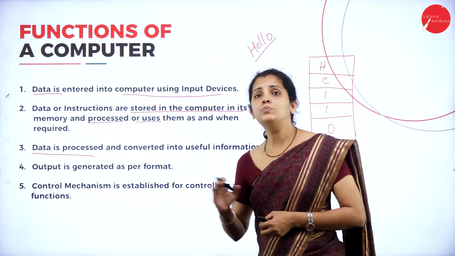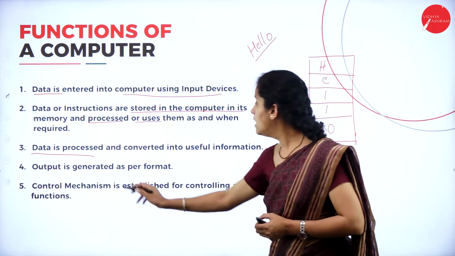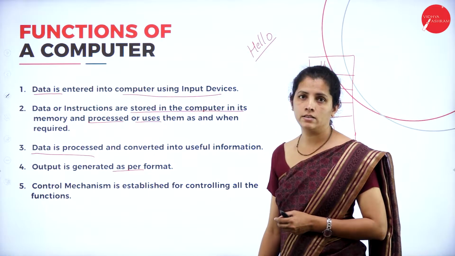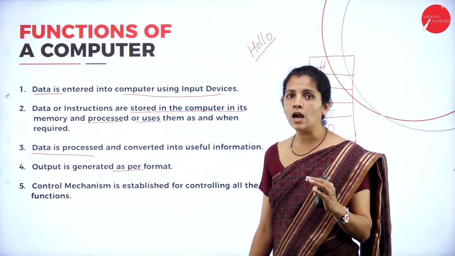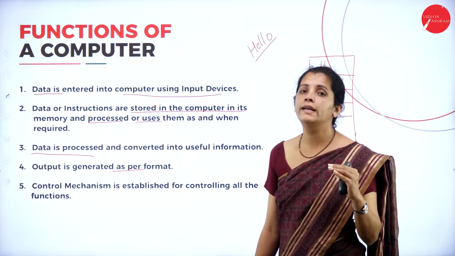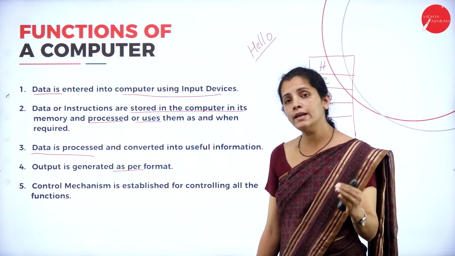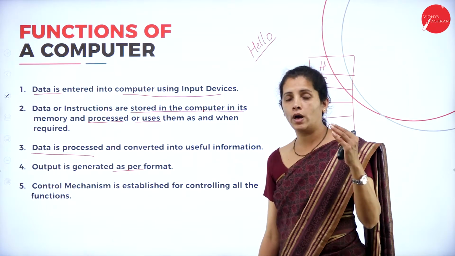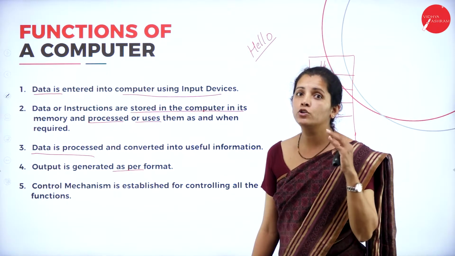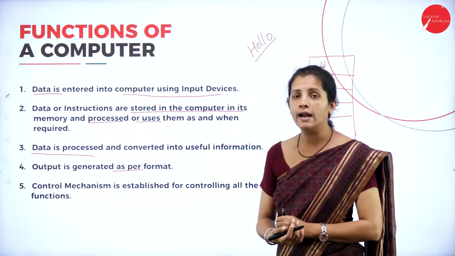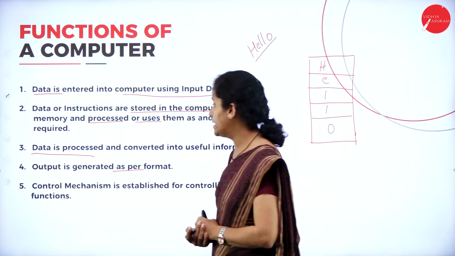Then output is generated as per the format. So after processing data, what am I going to get? I'm going to get the output. So output is generated based on the format.